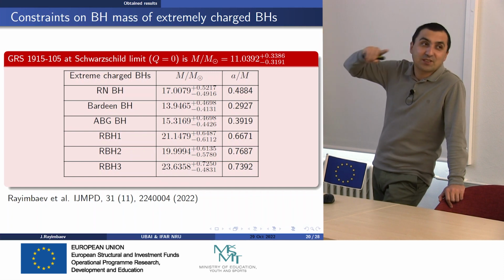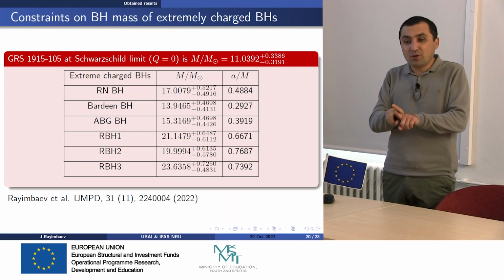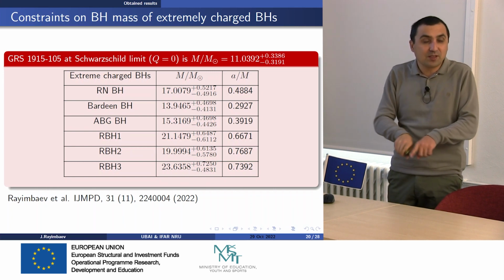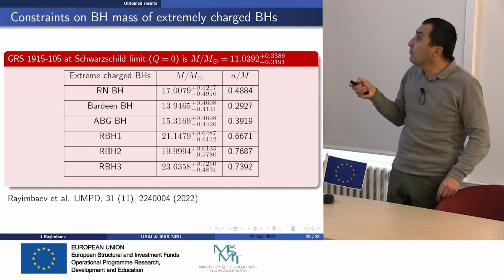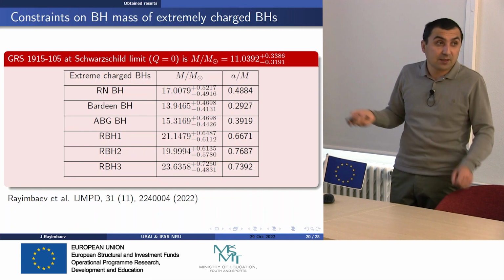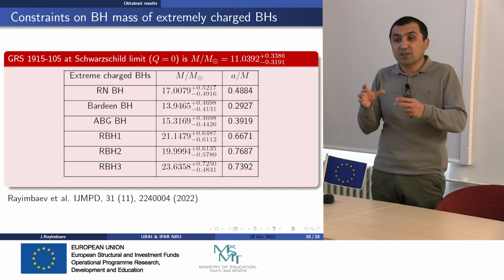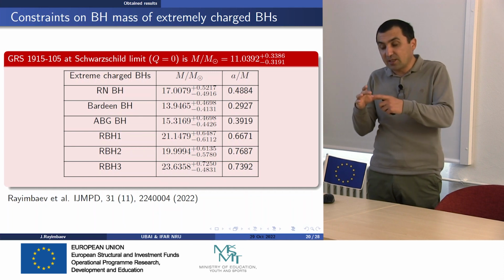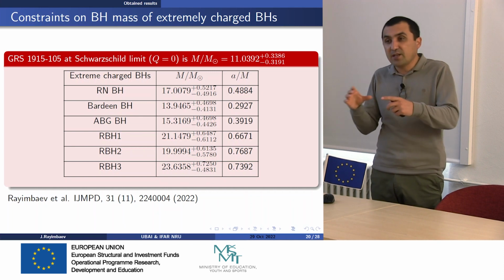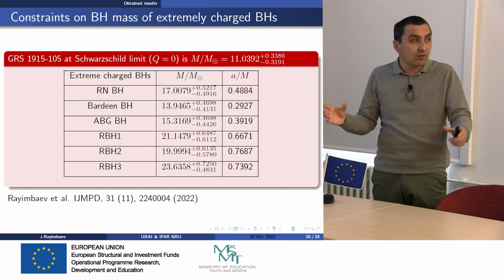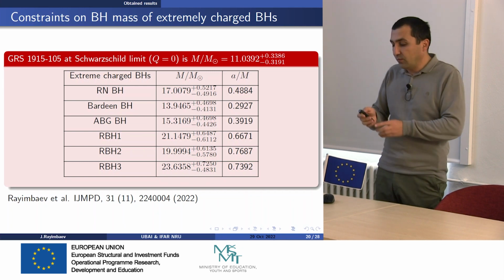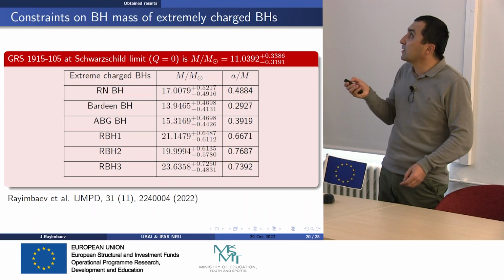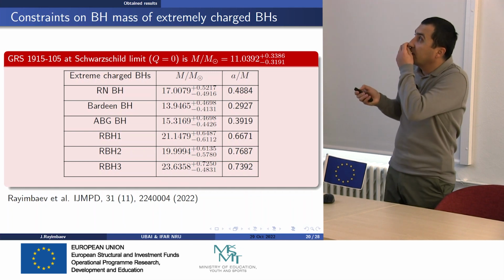Here the condition is that upper and lower frequency should be the same, but in other observations the mimicking value may be different. For example, in comparing the shadow size of Kerr and the charged black hole, we can get a different mimicking value for this spin parameter.